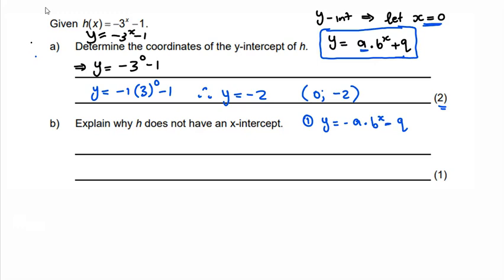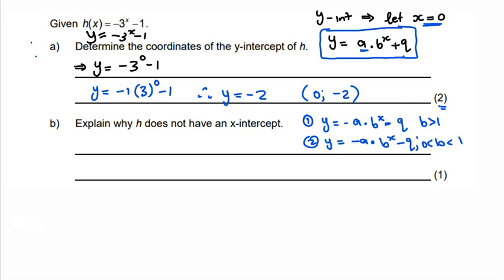If it's like this, this tells you that the value of b is greater than 1. That's the first option. The second option, your graph will be in the form of minus a multiplied by b to the x minus q. Now look at b. The value of b should be less than 1 or greater than 0.